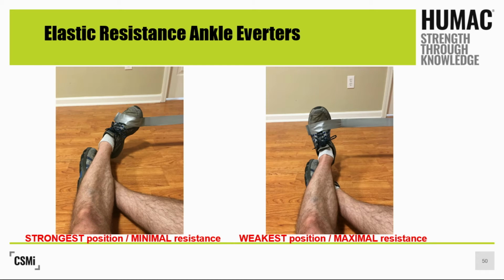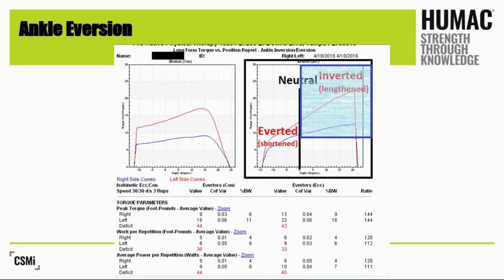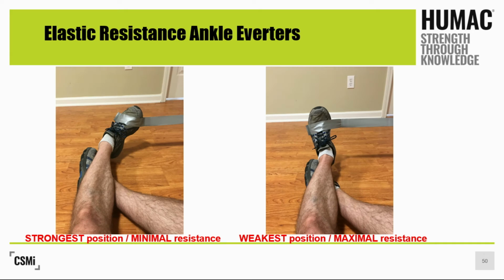Here I am with an elastic resistance on my left ankle working my everters. In the picture on the left, my ankle is inverted, but the band resistance is minimal. If we flash back to the graph, you can see that's where my muscle is actually at its strongest. In the picture on the right, I've now everted my ankle, pulling the band into maximal resistance for the range.